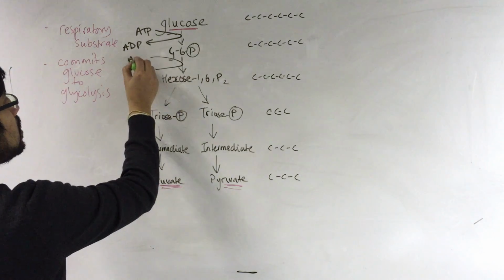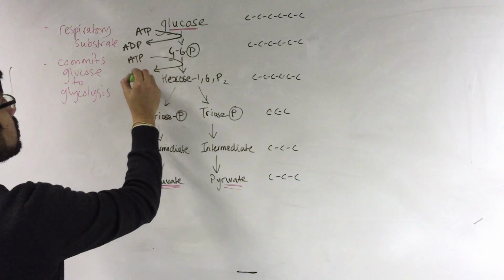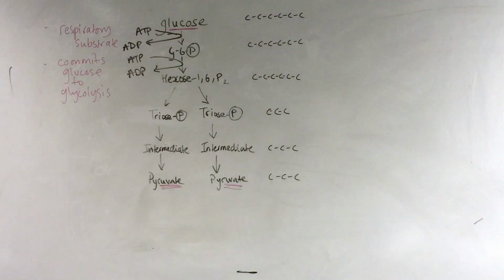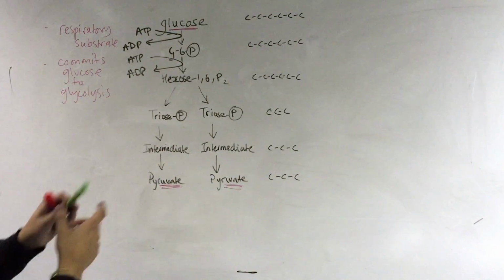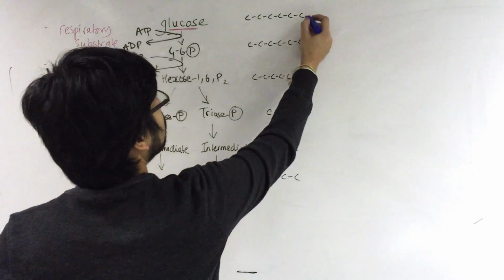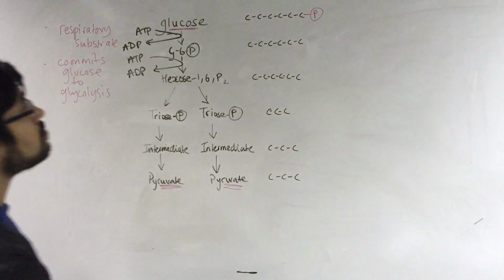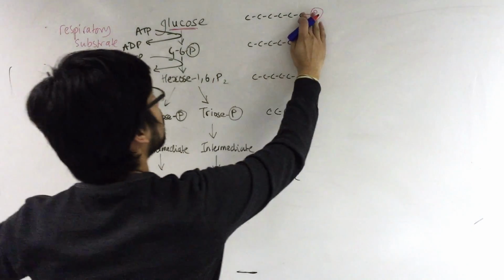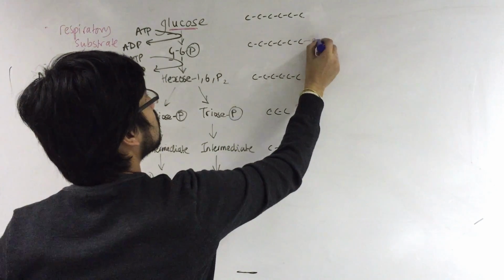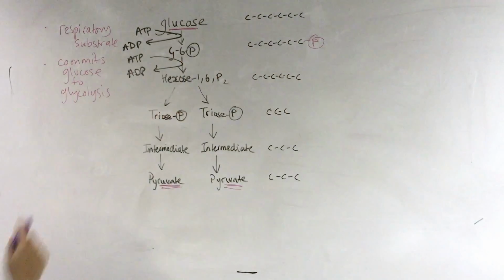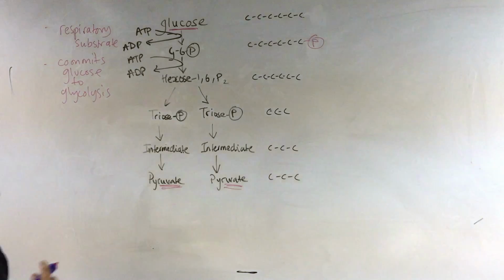So another ATP is used up at this stage, converted to ADP. So what we are looking at here is an addition of a phosphate group here to generate glucose 6-phosphate.